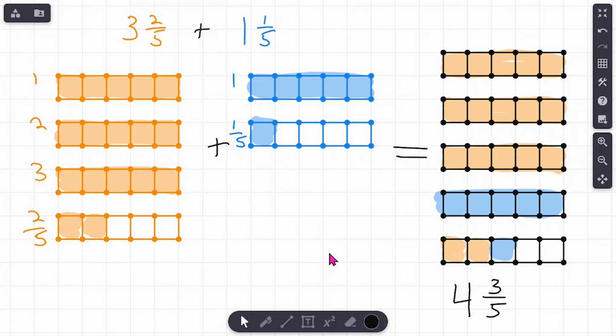When you see a mixed number, how do you actually add that? What does that mean to add it? And this is what it means. It means to take these models, these 3 2/5, and break it up into a whole number and a fraction, add all of the whole numbers, add the fractions, and this is what it looks like.